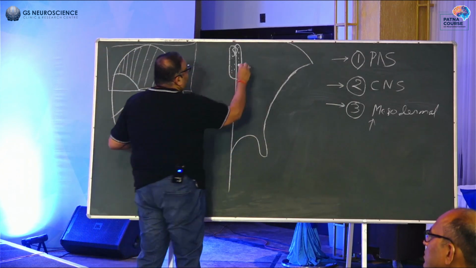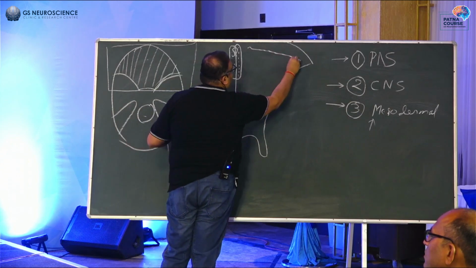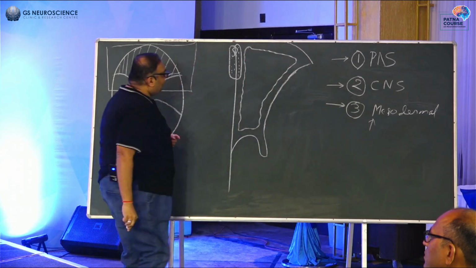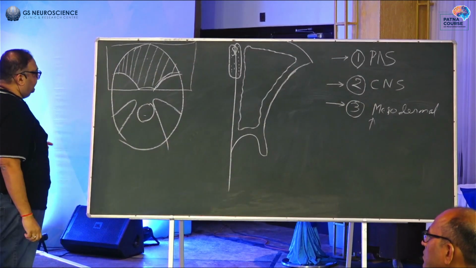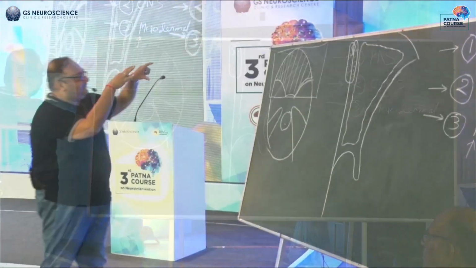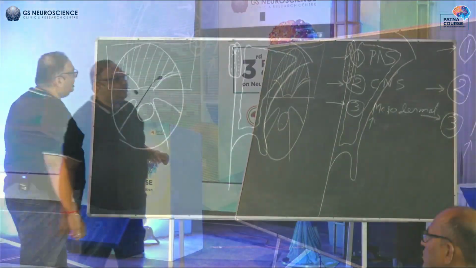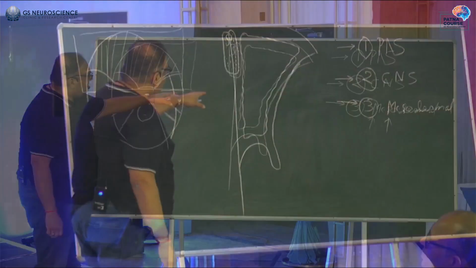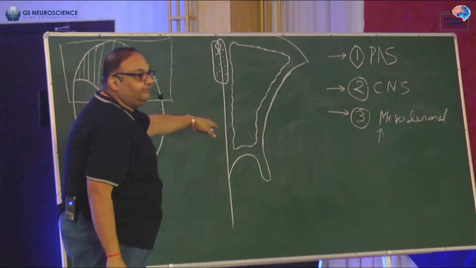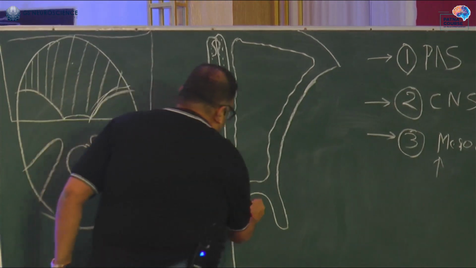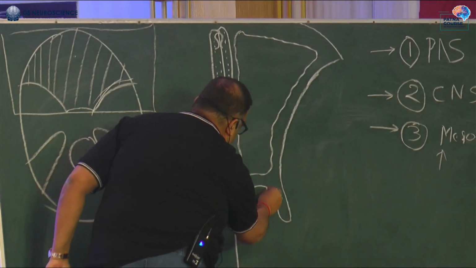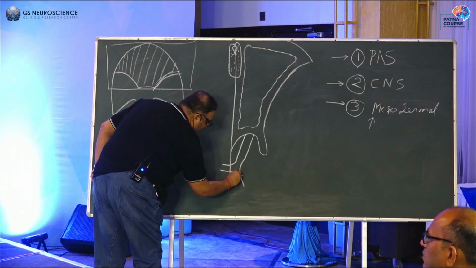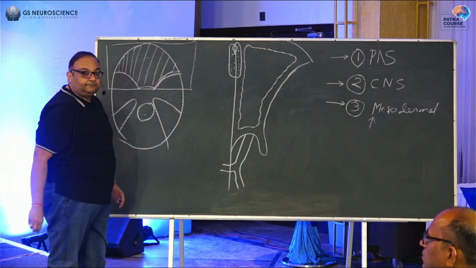So what we can do is, we can just make a dissection. We can cut a hole in the roof of the orbit. Now we are looking at the whole thing from above. We have removed the orbital plate of the frontal bone, and we are looking at the intraorbital contents from above. What we see is, you will have the optic nerve forming the optic chiasma.